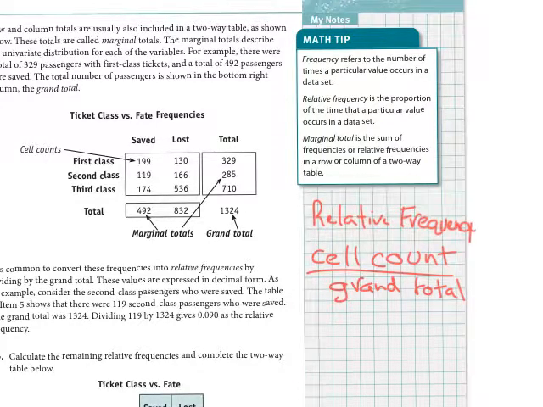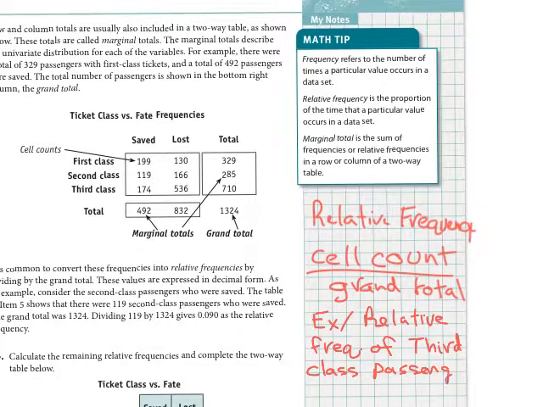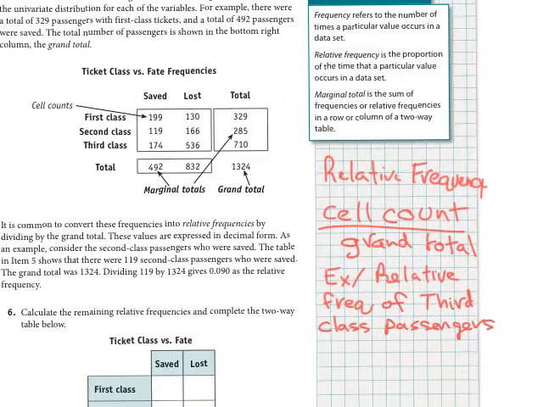So here's an example. Let's say the relative frequency of third class passengers lost.